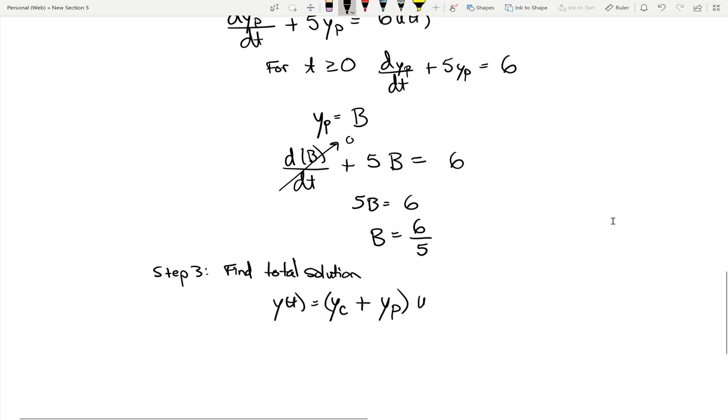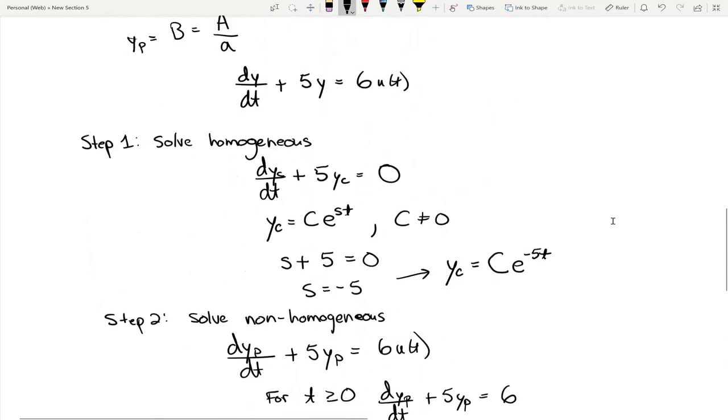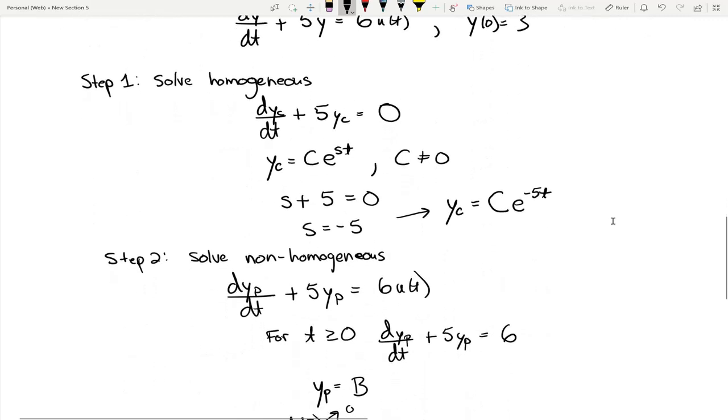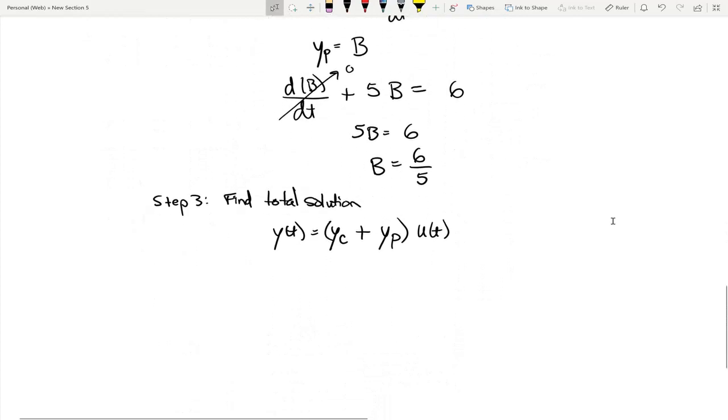Again, because this had a source that turned on at t equal to 0, I need to multiply that all by u of t. All right, now again, I didn't give an initial condition, but let's say that y of 0 was equal to 3, for sake of argument. All right, so my output was initially equal to 3.